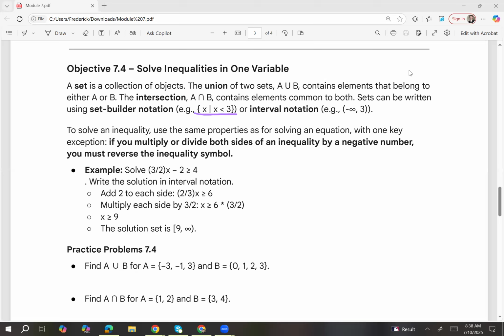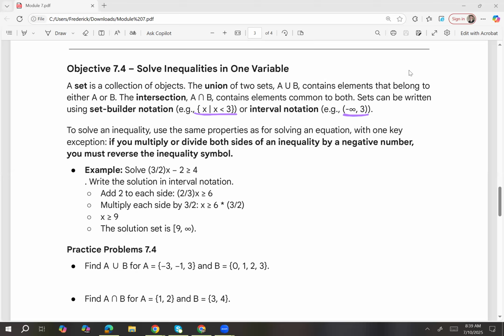Another way of expressing that same set is in interval notation. The right-hand bound is the uppermost number, and with a parenthesis, that means it's not equal to that number. So notice how on the right-hand side of that interval, there's a 3 with parentheses.